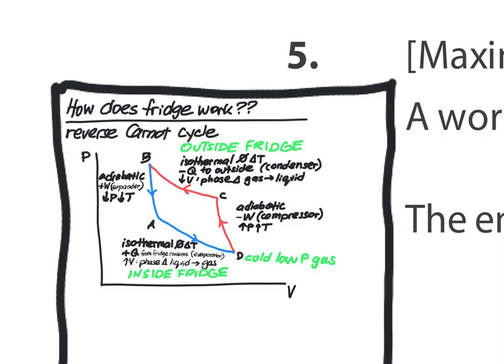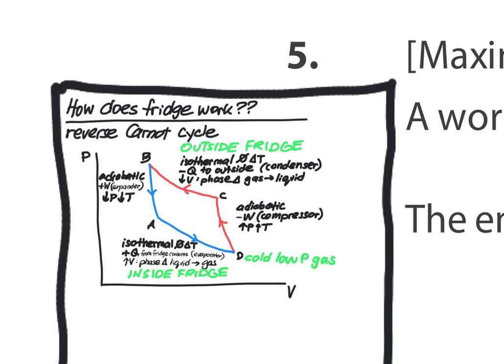And then at point A, we have an evaporator where the liquid evaporates into a gas. We know that when things evaporate, they cool down. So heat from the food is being given to the liquid as it evaporates into a gas. So kind of like the liquid is drawing heat from the food. So this is inside the refrigerator, and then the food cools down.